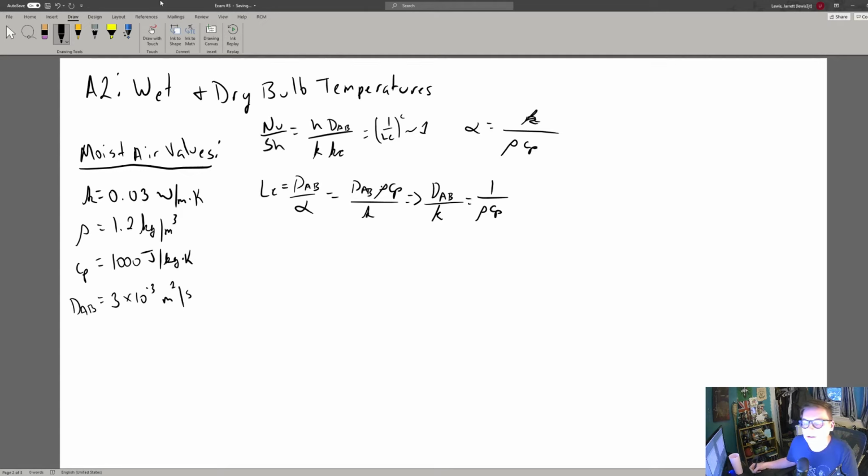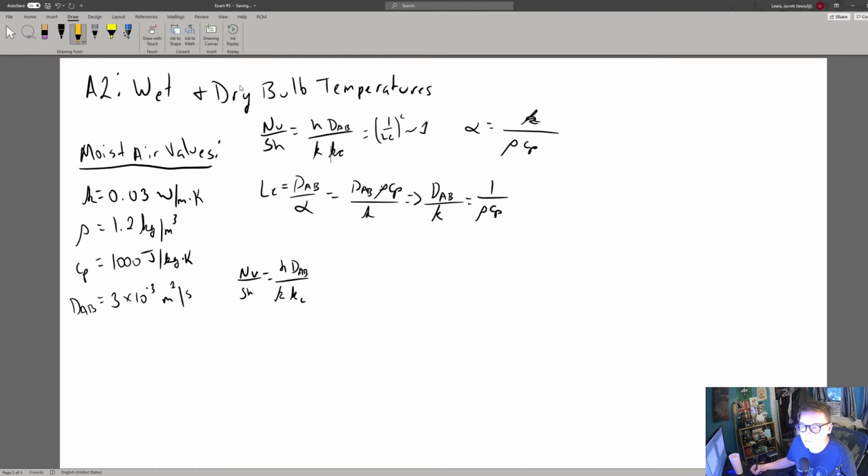All right. And so we're going to go back to what we derived earlier. The Nusselt number divided by the Sherwood number is equal to the heat transfer coefficient times the mass diffusivity divided by the conductivity times the mass transfer coefficient.